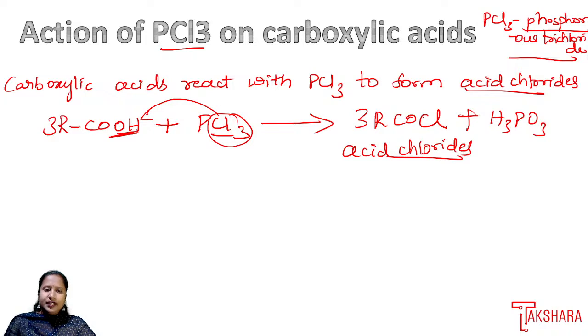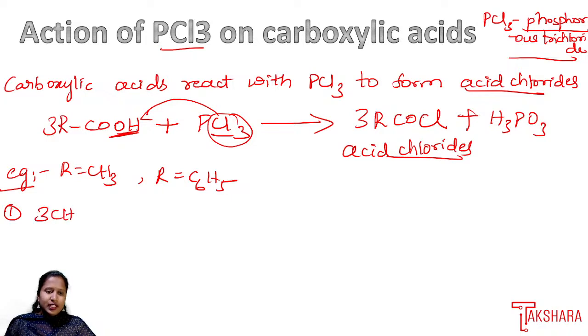Now let us take examples. In place of R, let us substitute CH3, and in place of R, let us substitute C6H5. The first one, 3 moles of CH3COOH, is nothing but acetic acid.